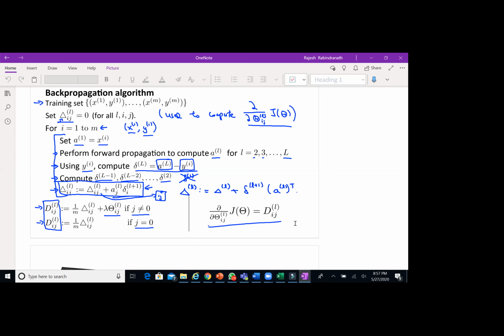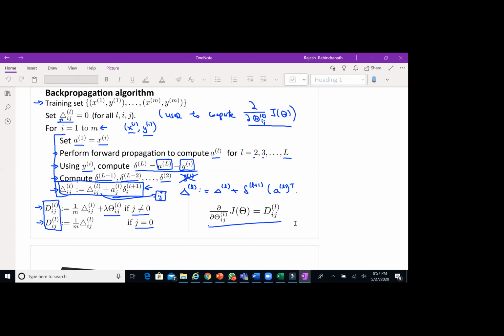To calculate this partial derivative, you have to do a forward propagation, and the forward propagation is going to give you the activation vector of the final node. Once you get that, you have to calculate the error vector of the final node. The error vector of the final node is very easy, because the activation vector of the final node minus the actual value gives you the error vector.